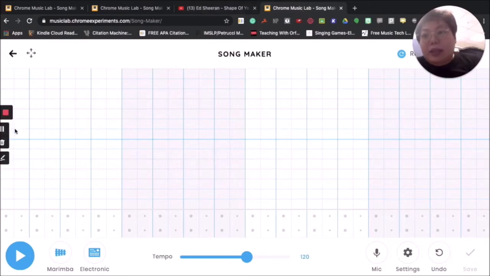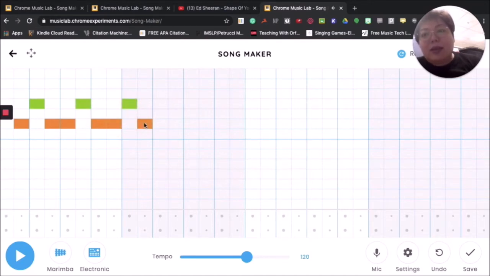So actually, it starts off with the note Re, and then it goes Re, Fa, Re, and it repeats again, and it repeats again.